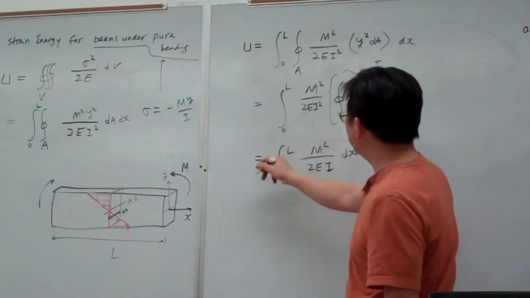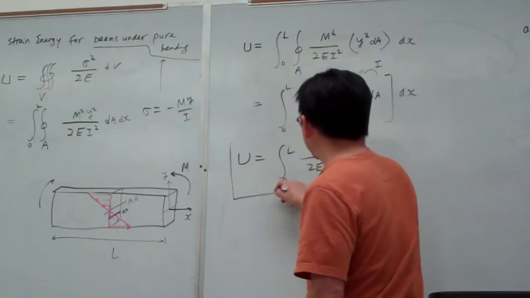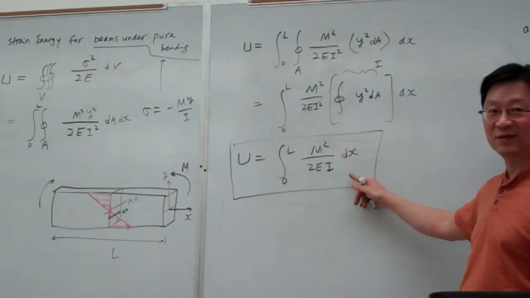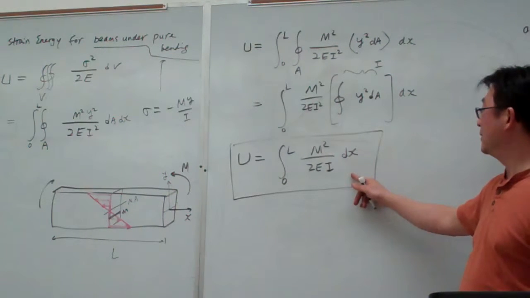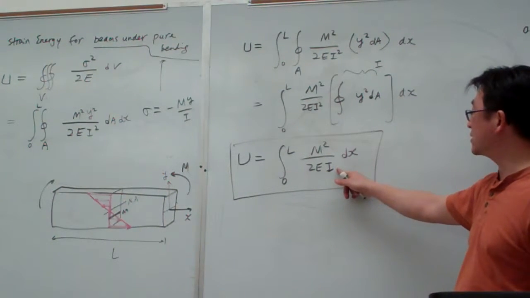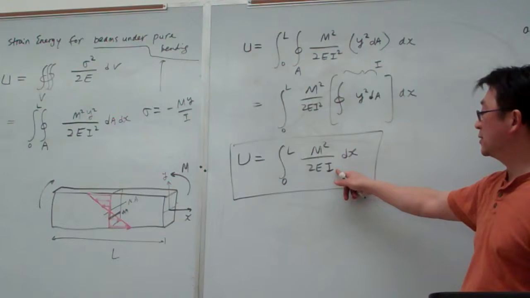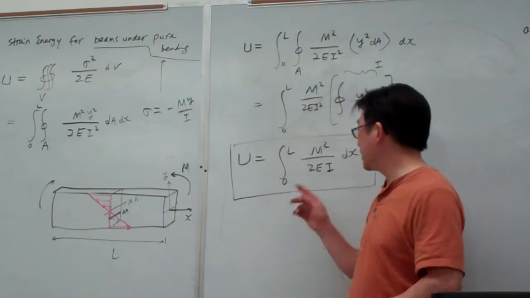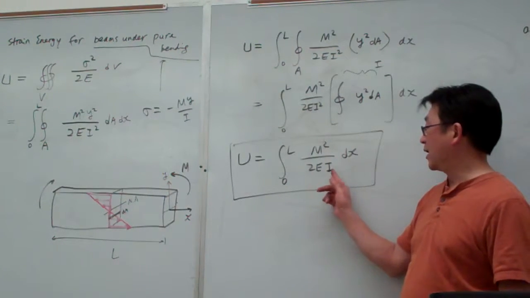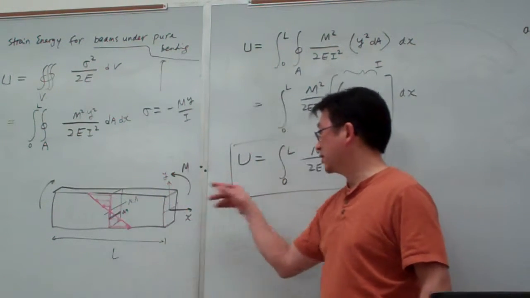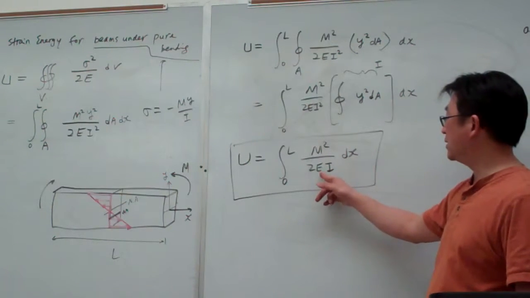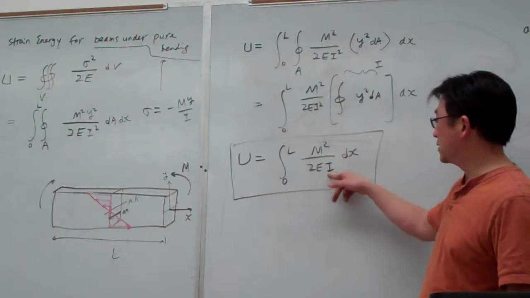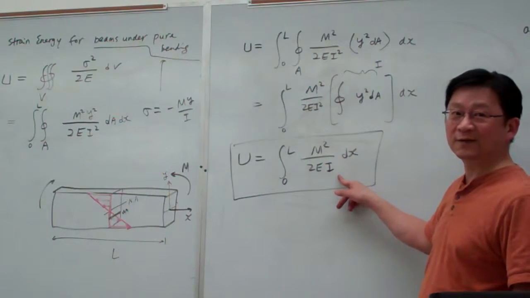So for our strain energy we have a very nice line integral, and that simplifies our work a lot. I is the moment of inertia, and for a uniform beam, I is constant along the whole axial direction. E depends on whether the beam is homogeneous or not, but in general we just leave that inside there.